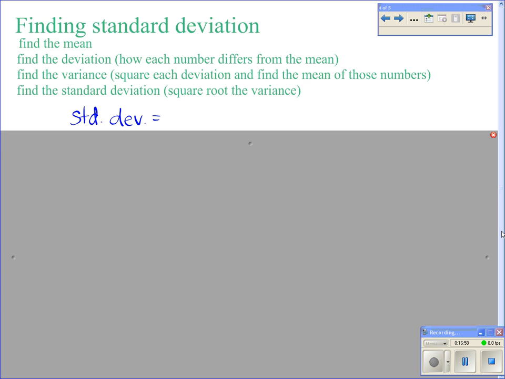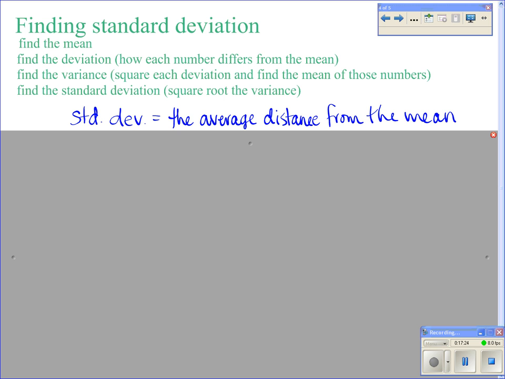Depending on what you're trying to research, you may want a big standard deviation to prove something, and some other times you may want a small standard deviation to show that your numbers are really close together. So what standard deviation is, is the average distance from the mean.